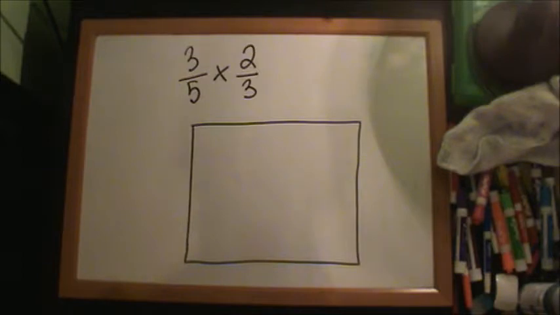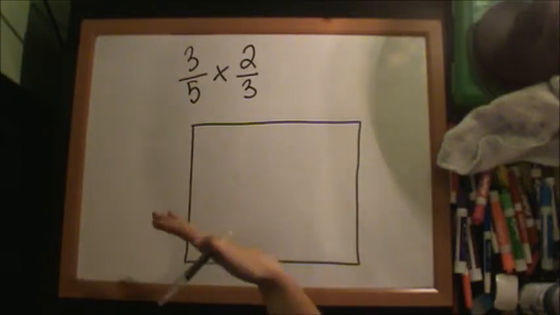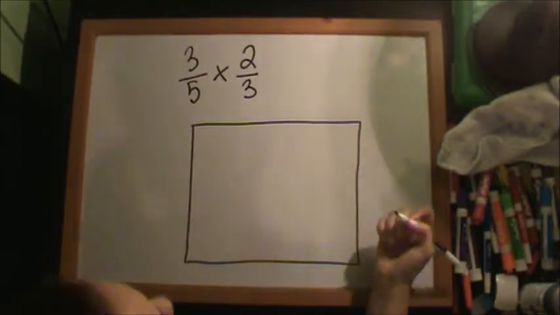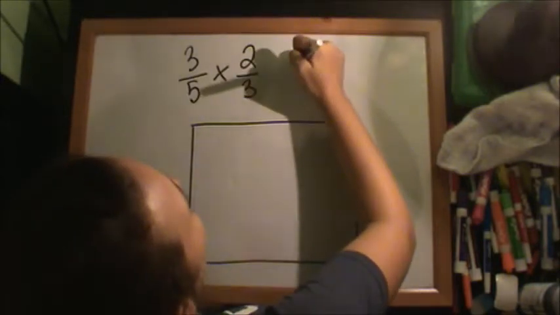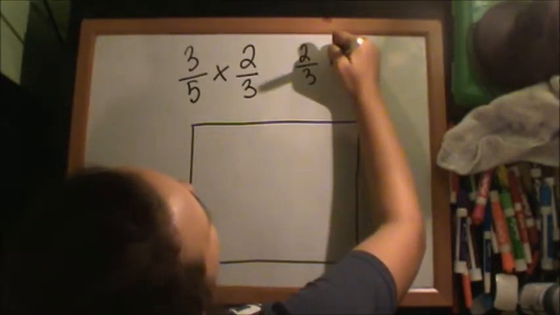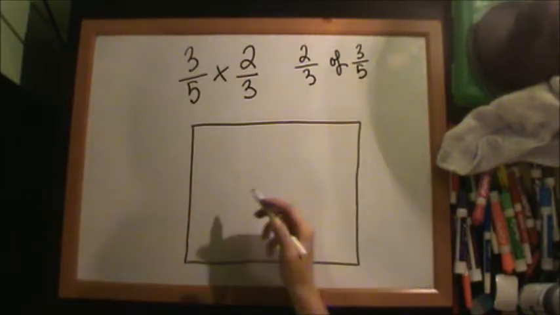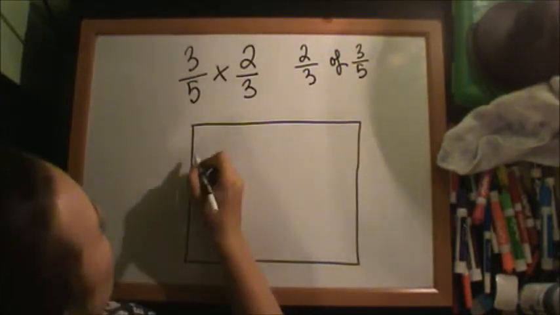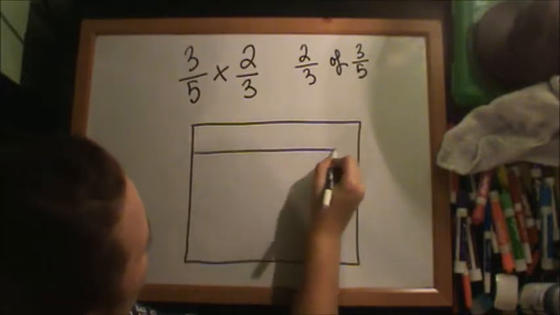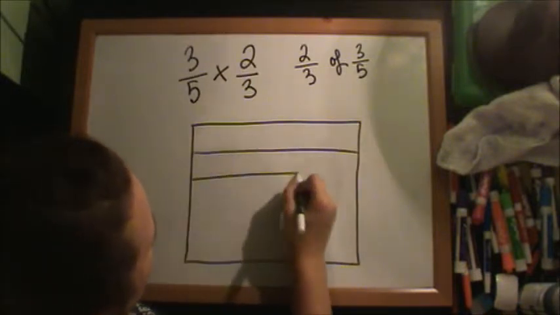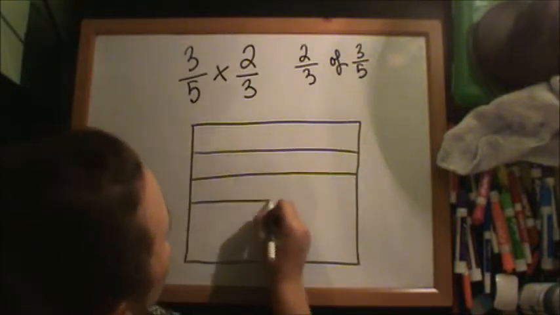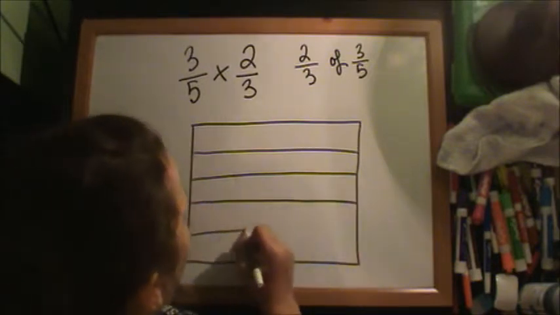Okay, so I want to do 2/3 of 3/5. So I'm going to write that out. What is 2/3 of 3/5? So that means I'm going to go ahead and divide this into fifths. I don't know why I chose to do them this way this time. When you understand the concept, it doesn't really matter, right?